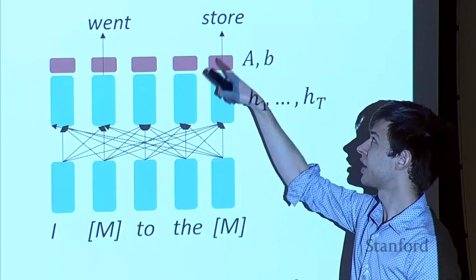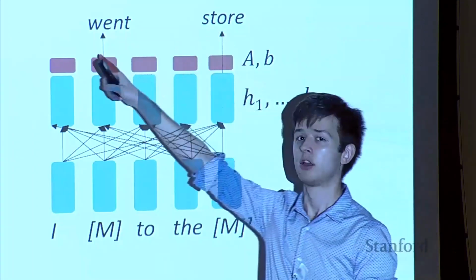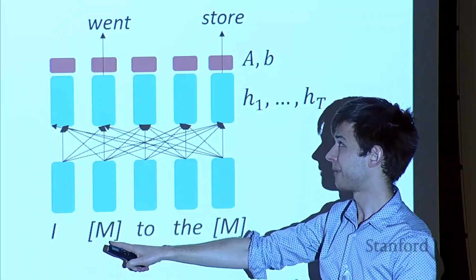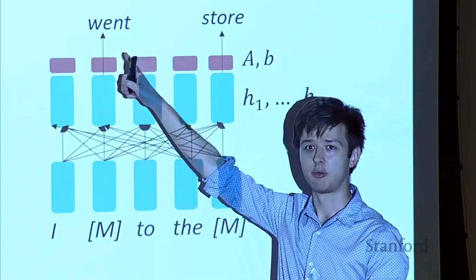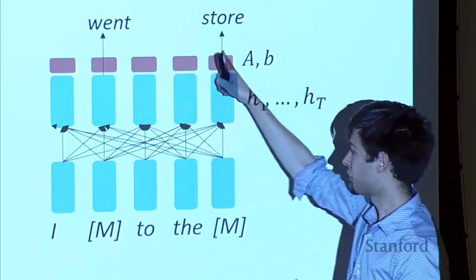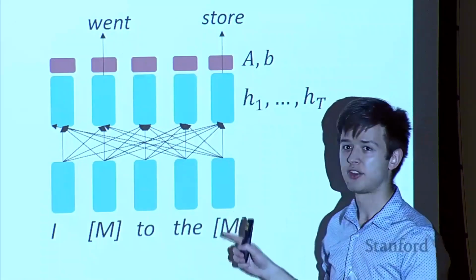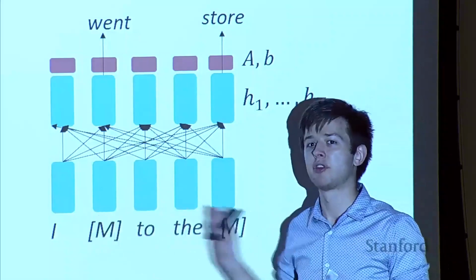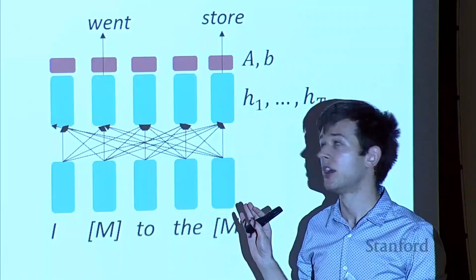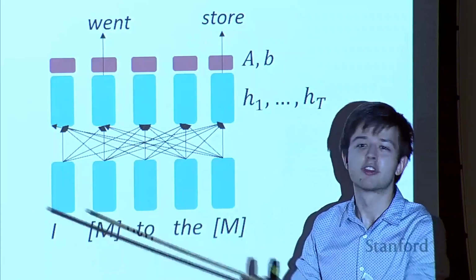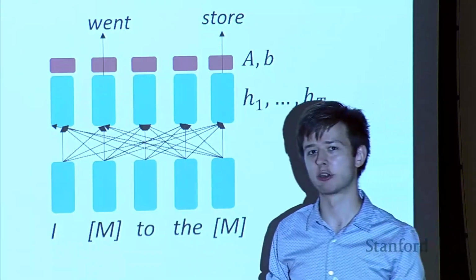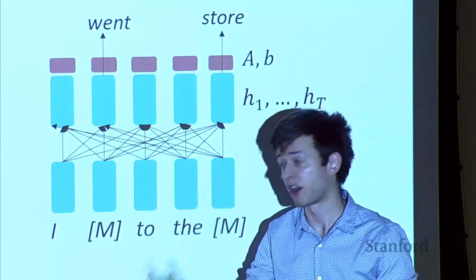We only have loss on the words where we had masks. So I had this masked, and I have to predict that it was 'went' that went here, and 'store' that went here. Now this is a lot like language modeling, you might say, but you don't need this left-to-right decomposition. You're saying, I'm going to remove some of the words, and you have to predict what they are. So this is called masked language modeling, and it's been very, very, very effective.